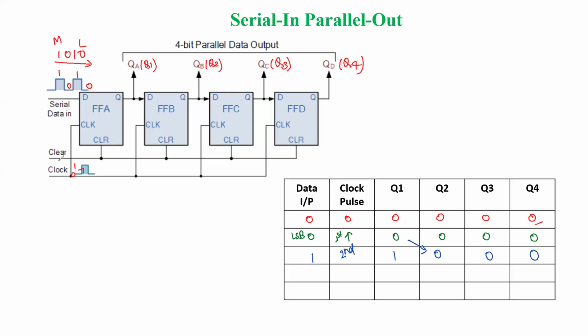Now again, we'll take the condition of the third clock pulse. During the third clock pulse, the next data is 0 as per the given bit stream we are using.